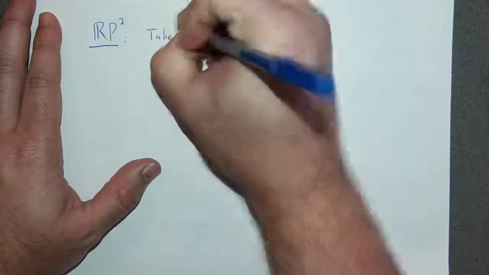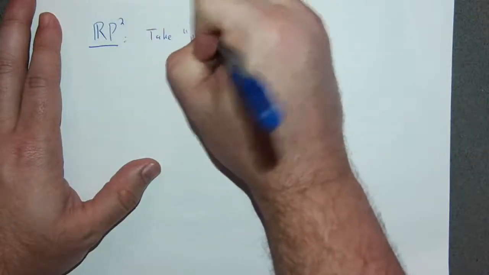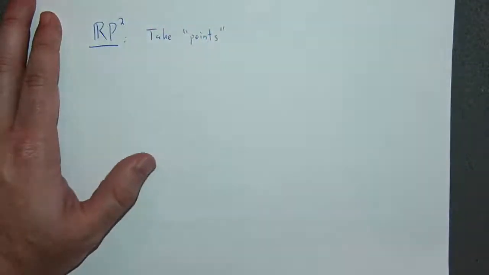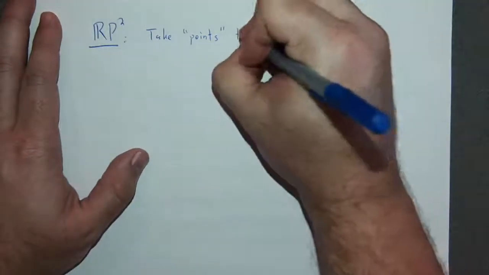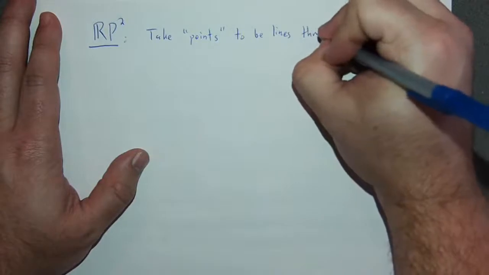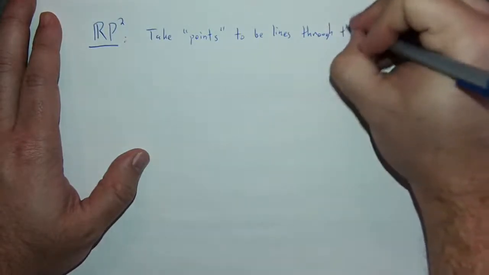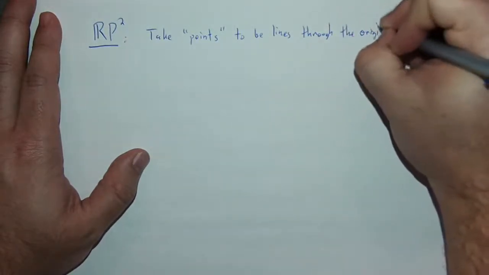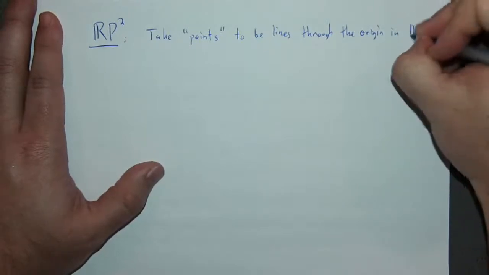RP2 is the real projective plane. Take points to be lines through the origin in R3.